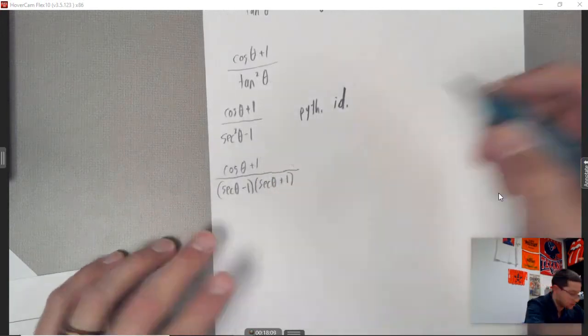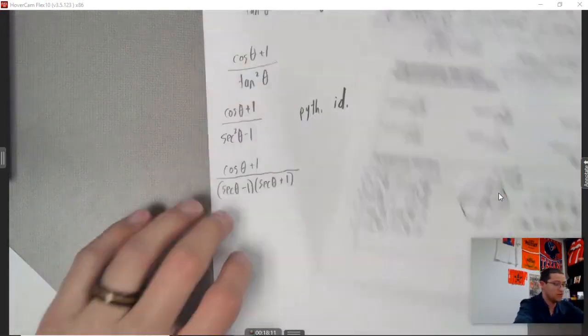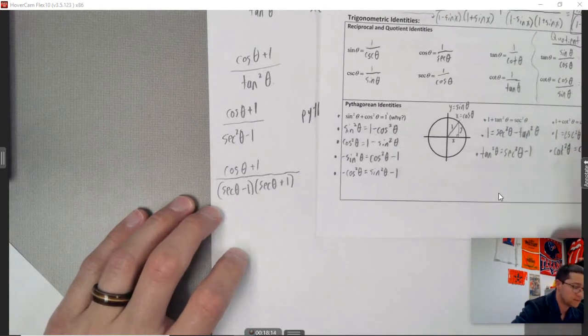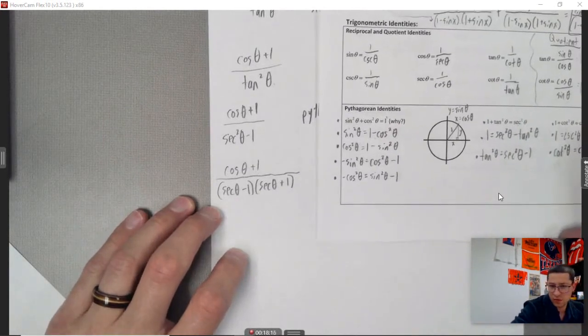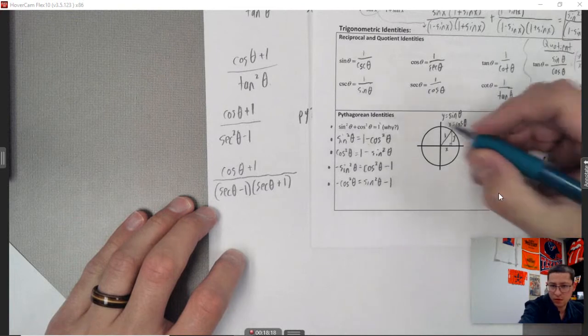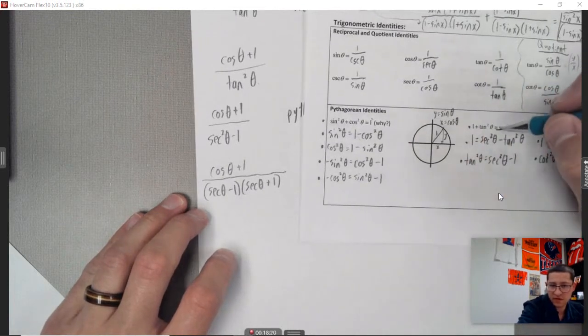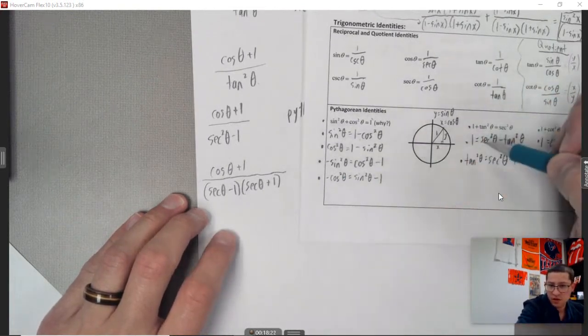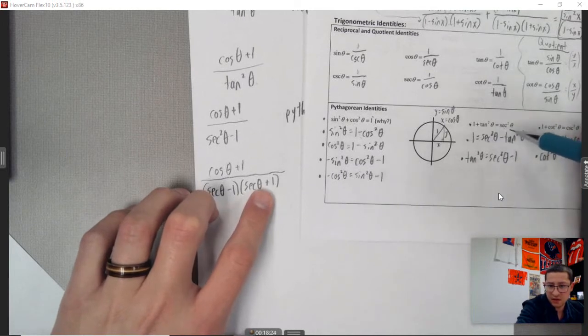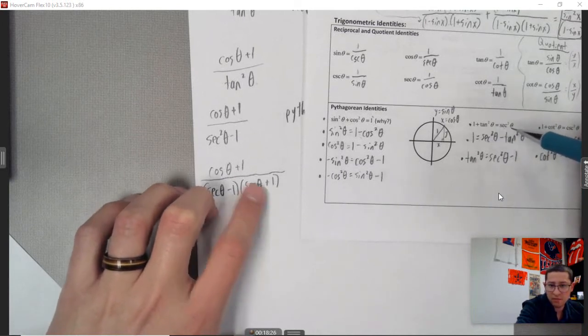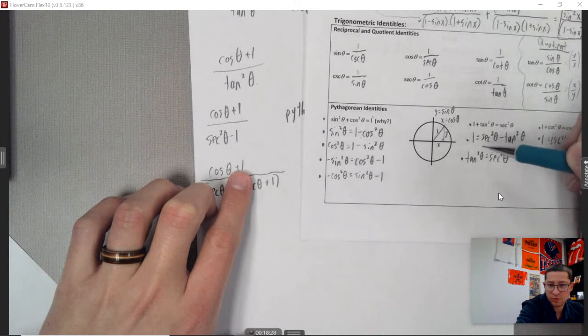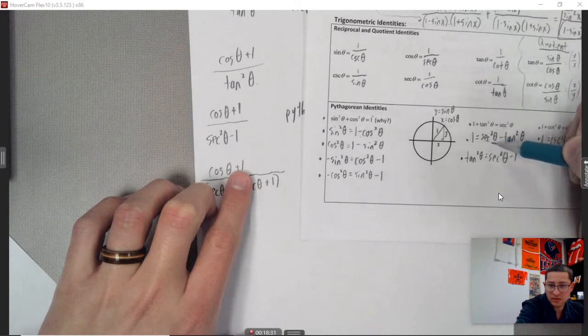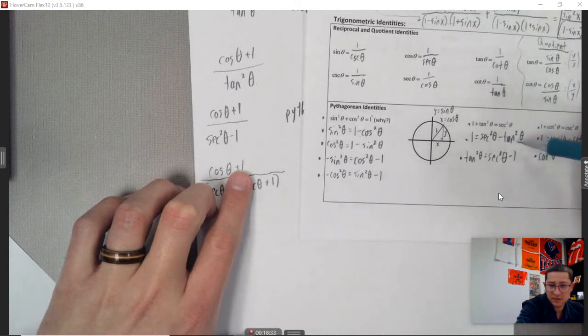I see this 1. Let's try to use our Pythagorean identity. I think this is going to work out. I think I'm starting to see it. So let's get a secant in here on top and see what happens. Let's replace this 1 with secant squared of theta minus tangent squared of theta, and let's see what happens.